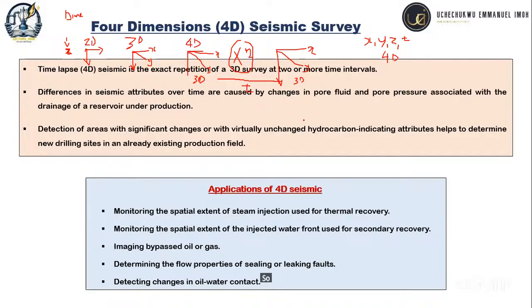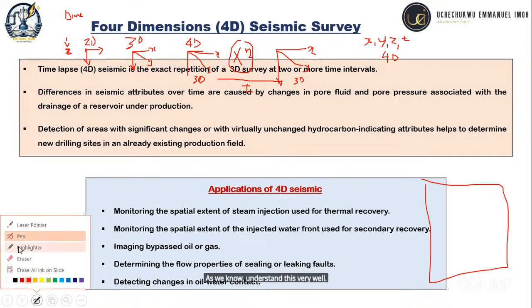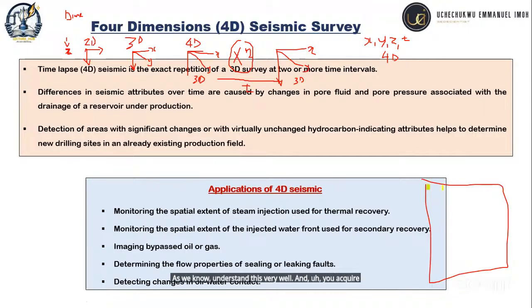So what does it mean? It means that you're repeating a 3D seismic survey over a period of time. So a company has a block, understand this very well, and you acquire seismic data in this whole block, okay? You acquire seismic data in this block, for instance, in the year 1995.